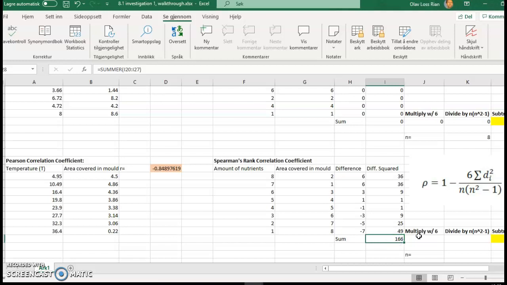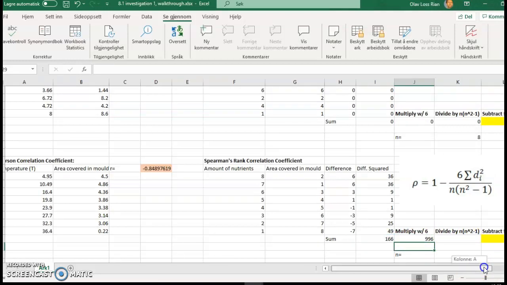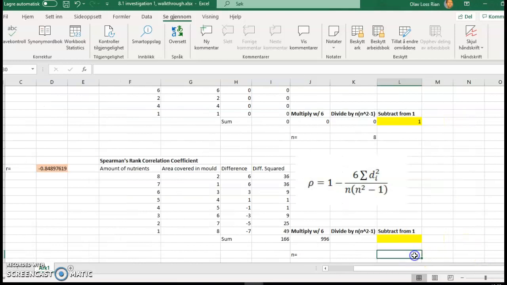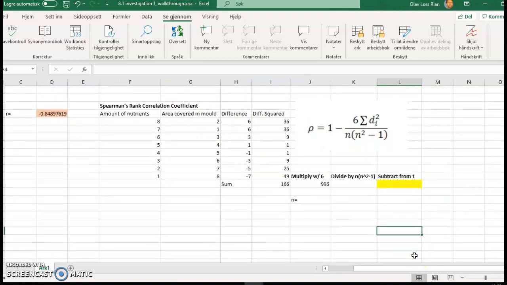So once you have this sum, you can multiply that with 6, just like in the formula. So this cell multiplied with 6. See, more space here.